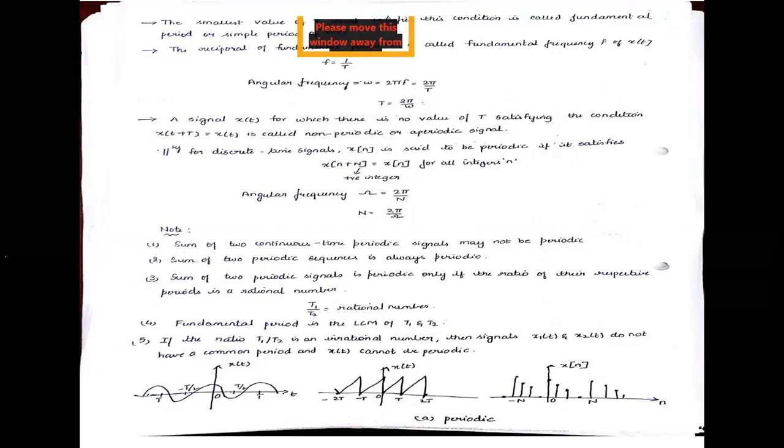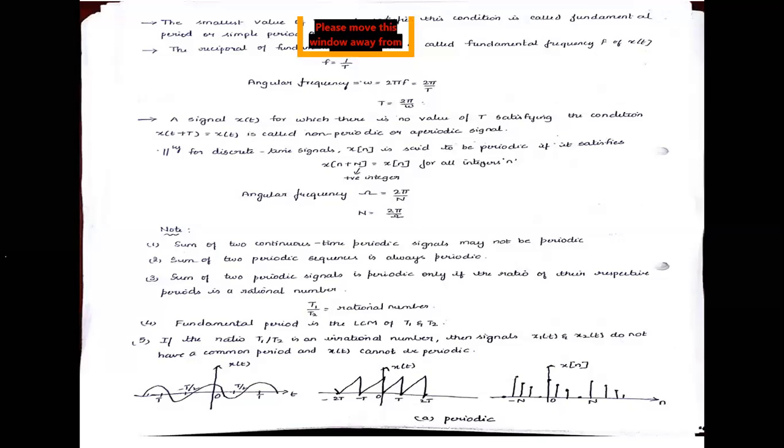For the first signal, the period is T1, and for the second signal, the period is T2. The ratio T1 by T2 must be a rational number for the two signals to have a common period.